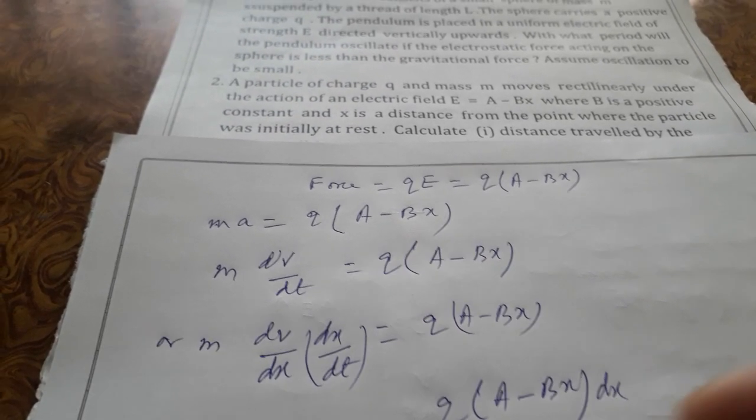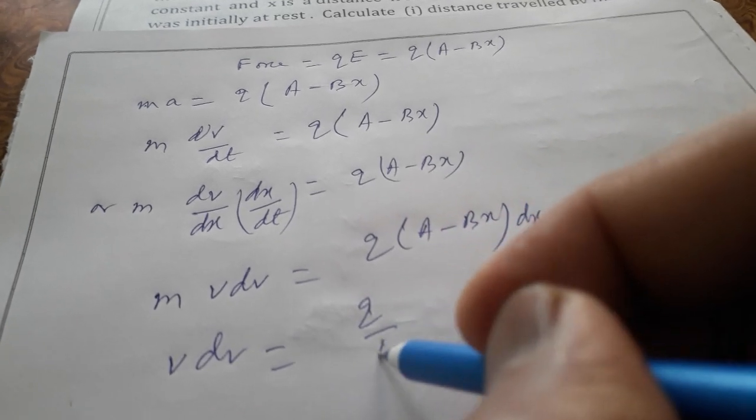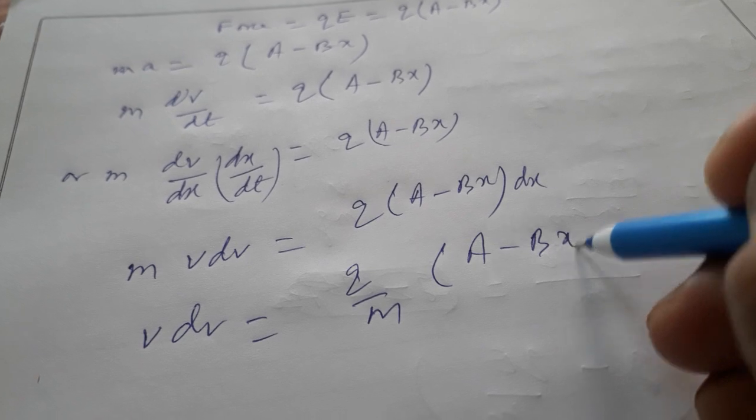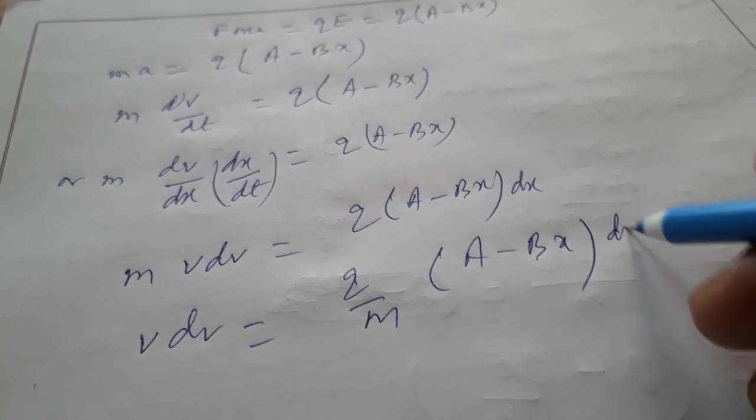So m v dv equal to Q into A minus Bx dx, or v dv equal to Q by m into A minus Bx dx.